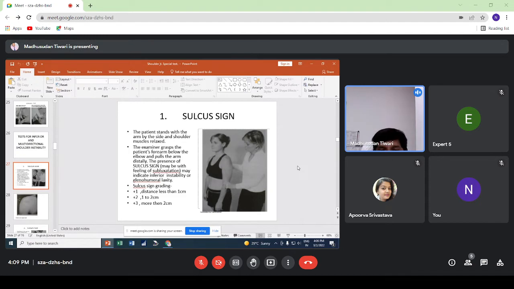The examiner grasps the patient's forearm below the elbow and pulls the arm distally. Look for the presence of the sulcus sign. Sulcus sign means you will see a depression here over the glenohumeral area. The presence of the sulcus sign may be the feeling of subluxation, and may indicate inferior instability of the glenohumeral joint or glenohumeral laxity.